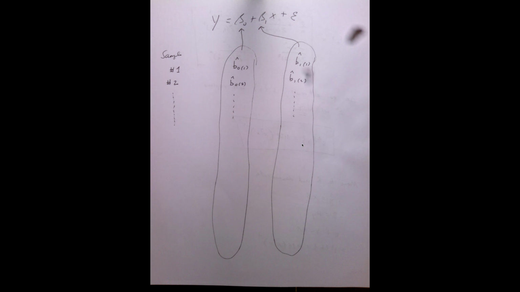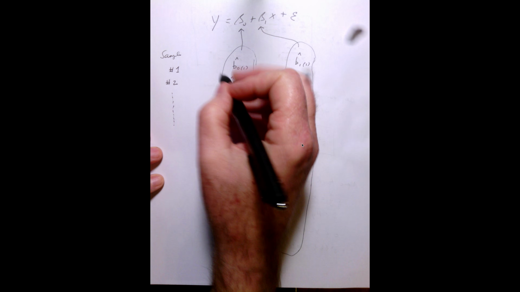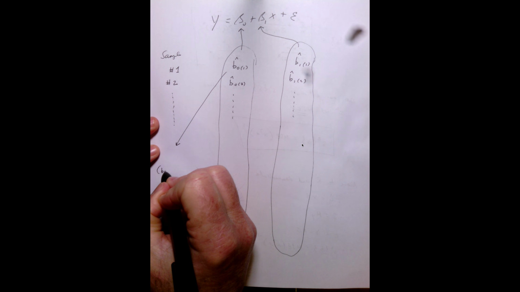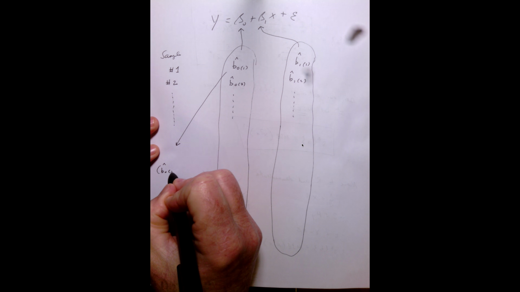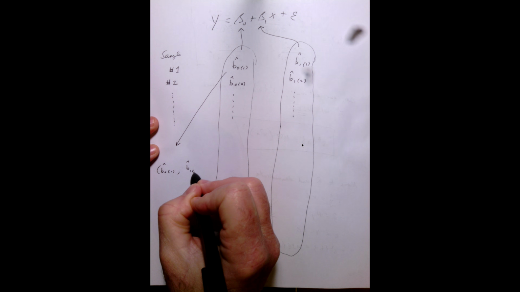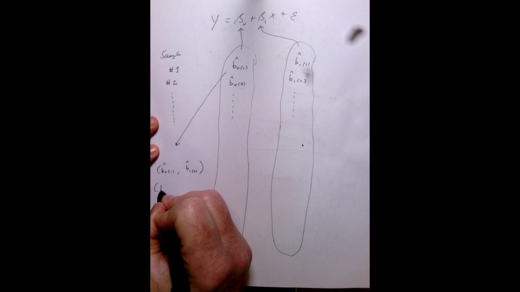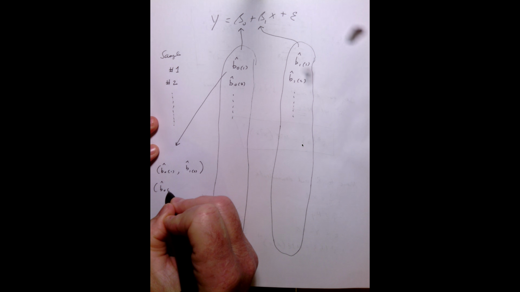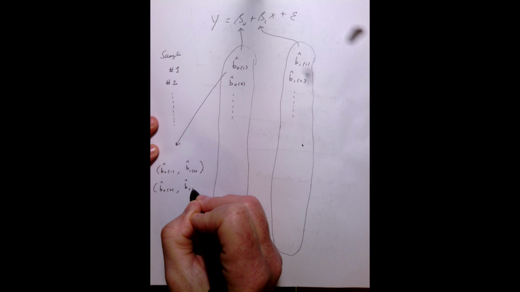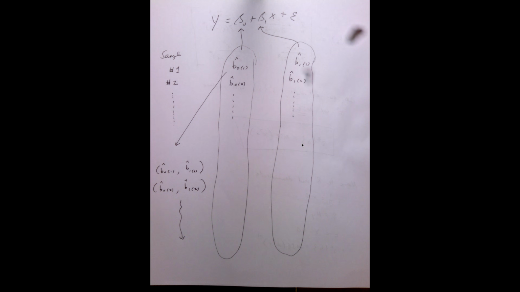These are estimates of each, right? We're also going to be able to extract ordered pairs. There's the first ordered pair. There's the second ordered pair, and so on and so forth.